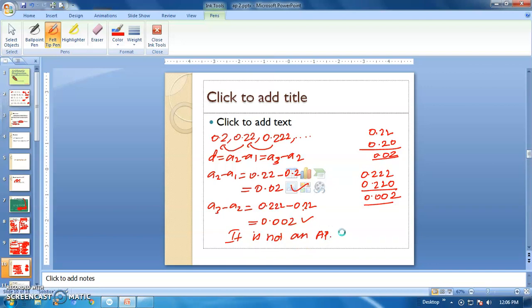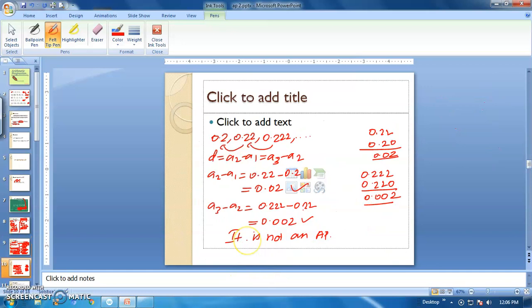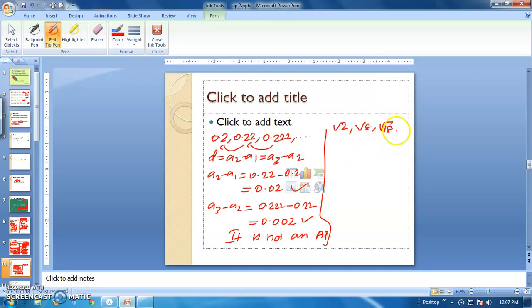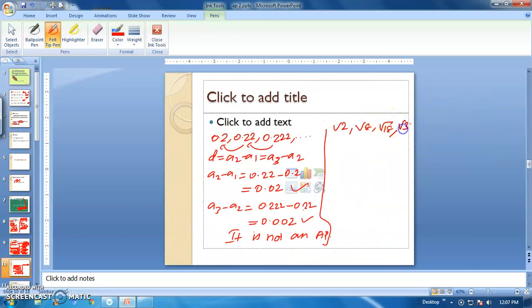And what about the third one? Root 2, root 8 and root of 18 are there. So the third one is root of 2, root of 8, then root of 18 and root of 32, etc. given.